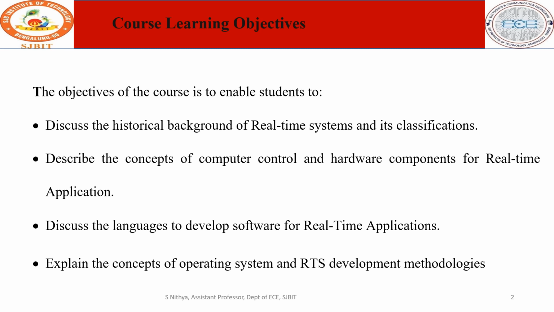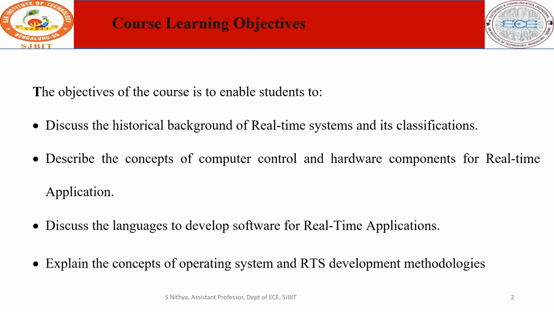Hardware components are also required to measure things, such as sensors, which we connect to the computer systems. So the second objective is to describe the concept of computer control and hardware components for real-time applications.